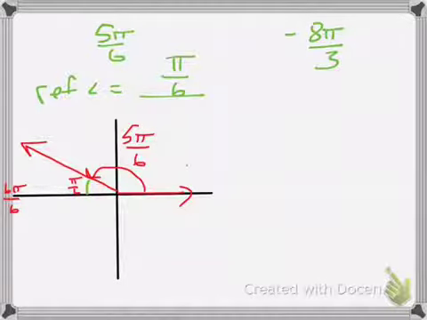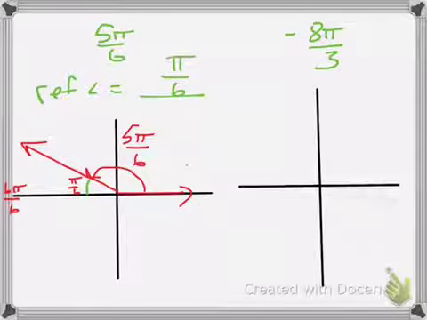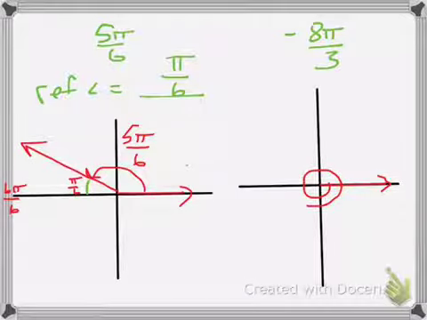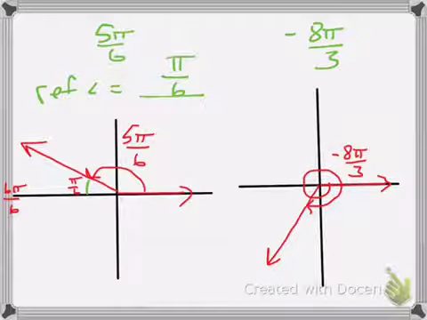All right, what about negative 8 pi over 3? Pi over 3 is what? 60 degrees. Negative 8 of those is negative 480. So that's negative 360 plus negative 120 more. It gets me right there. It's negative 8 pi over 3. The angle that I'm looking for is this angle right there.